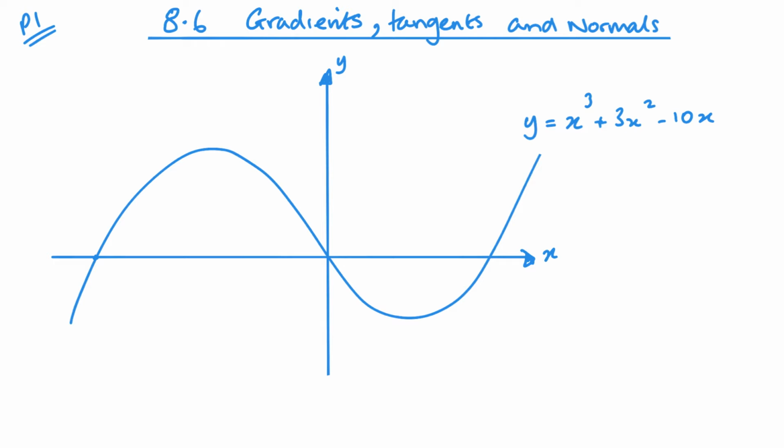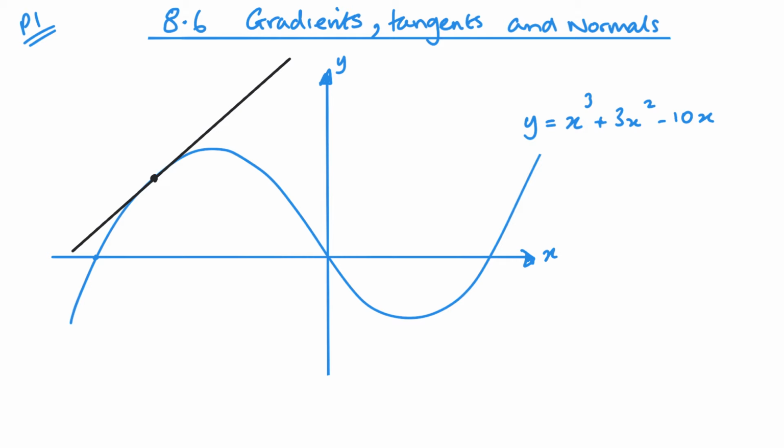So let's have a little look at what a tangent is. At any point on a curve, say you get a point here, the tangent is that straight line that touches it and touches it only in that one singular place, like so.